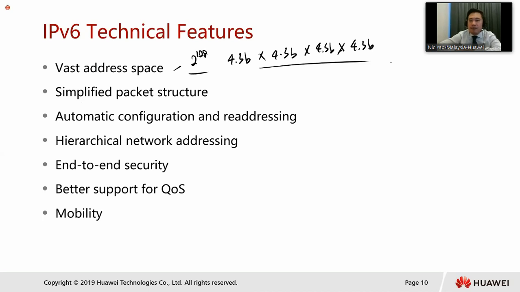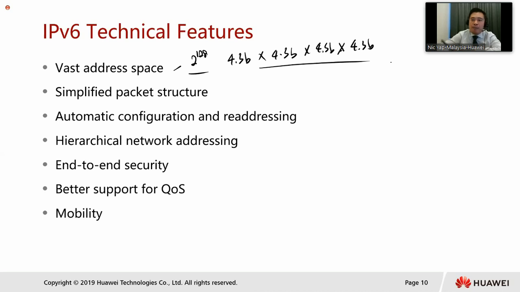It's a number we never used before, in the realm of undecillions of addresses. How many zeros in total? I cannot count how many zeros are behind this 2 to the power of 128, but there are just a lot.